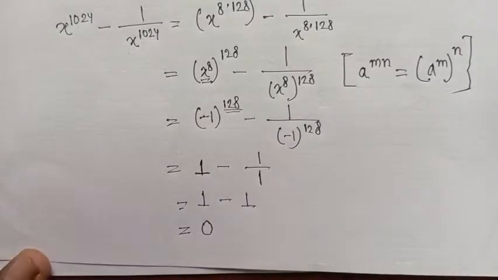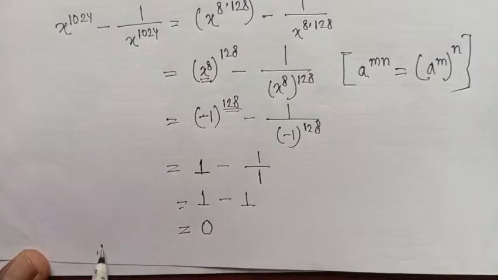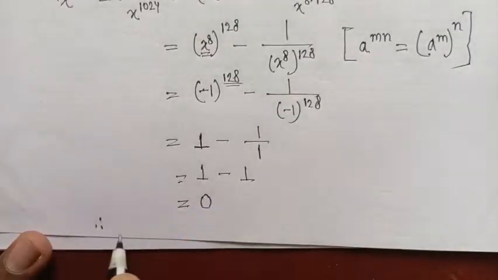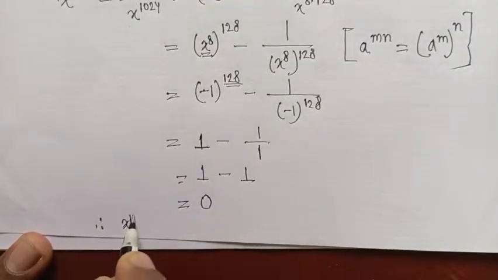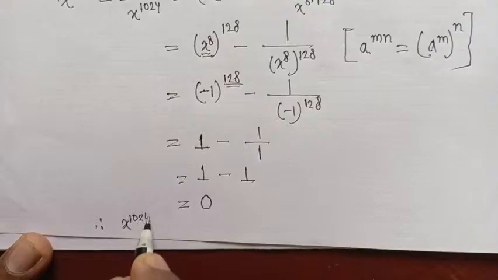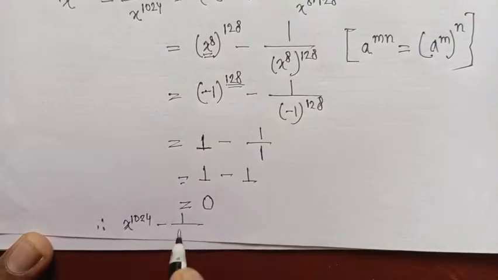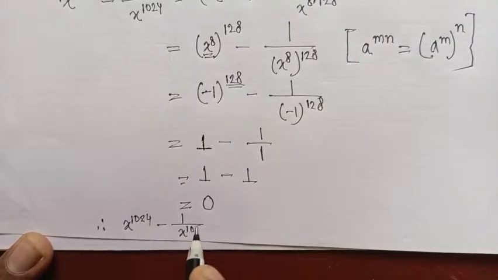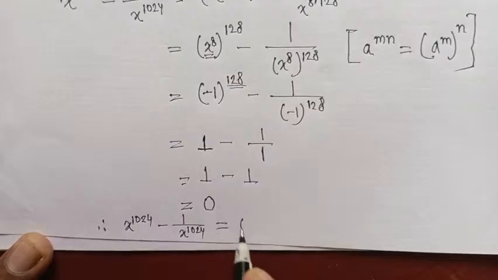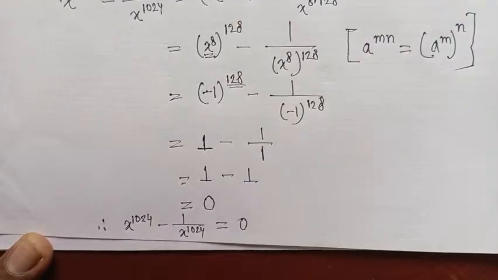So the expression x to the power 1024 minus 1 by x to the power 1024 is equal to 0.